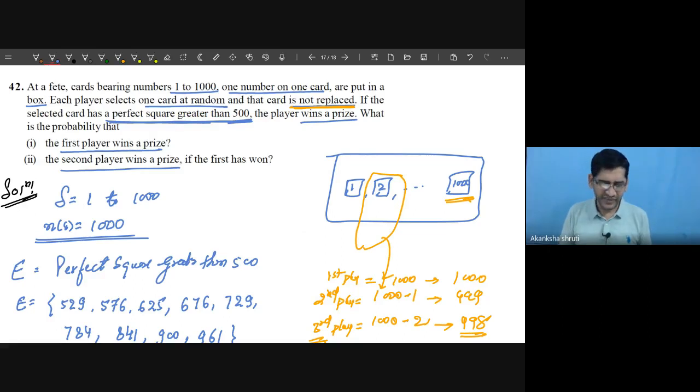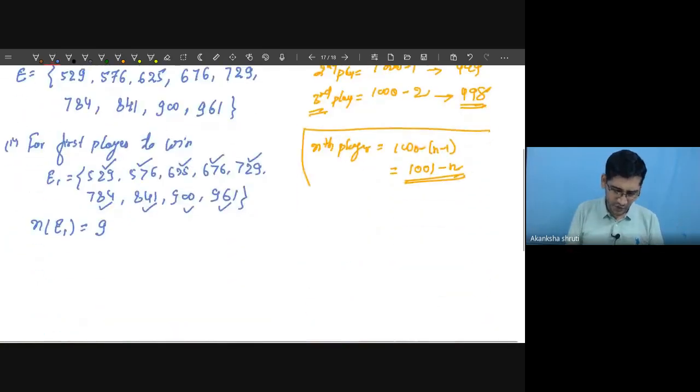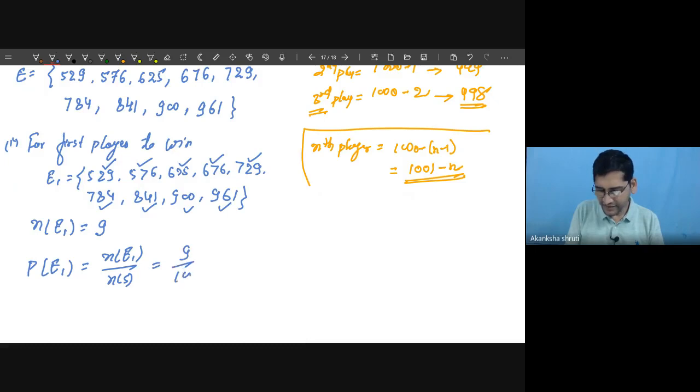So the probability of E1, n(E1) by n(S), is 9 divided by 1000. This much is the answer for the first.